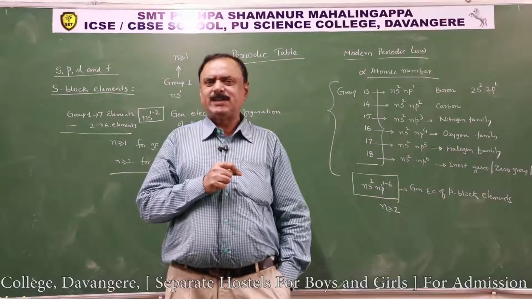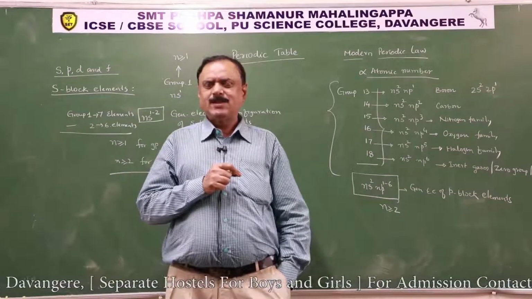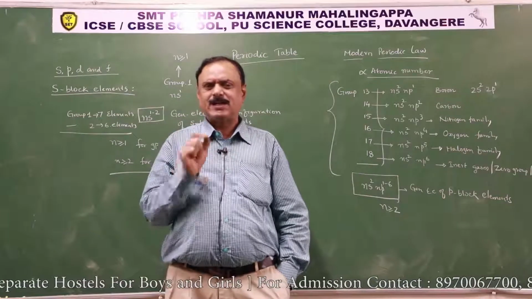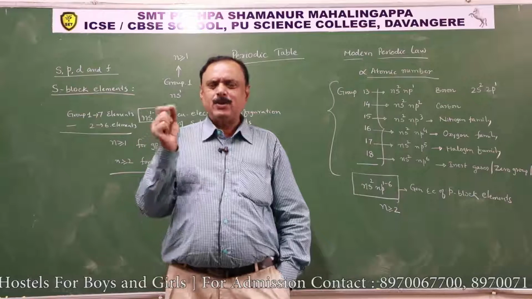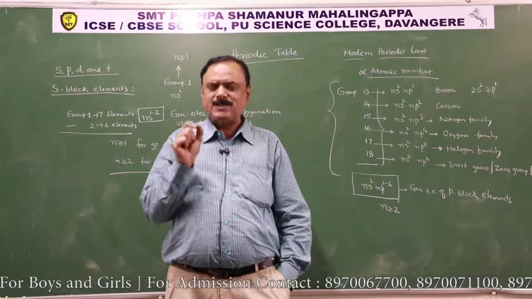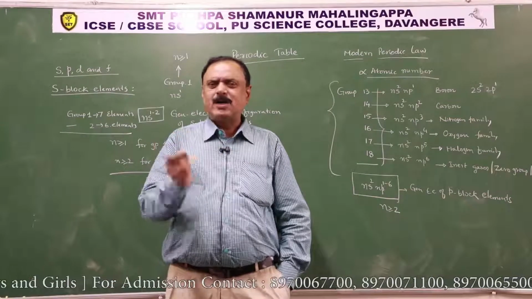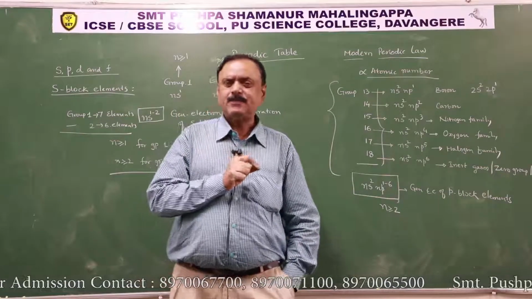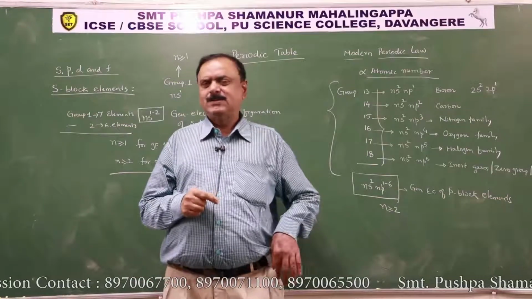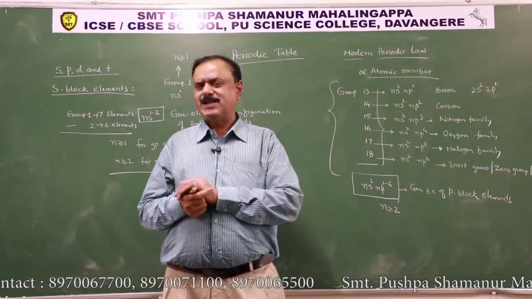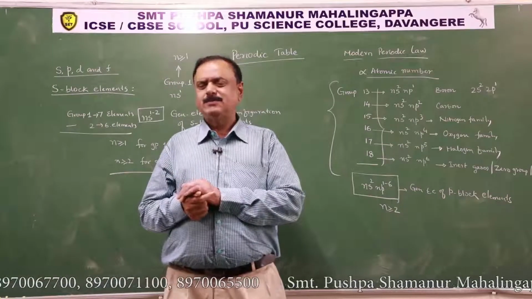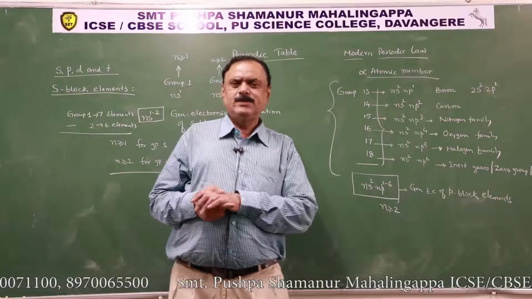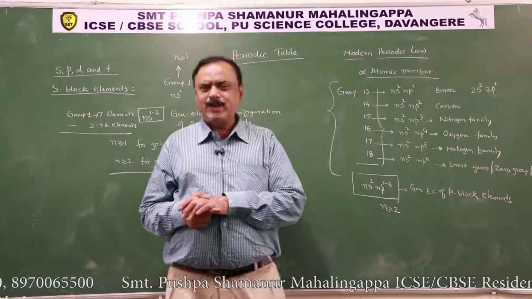You are very familiar with the non-metals. Usually non-metals are either gaseous at lab temperature, or liquids with low boiling point at lab temperature, or solids with low melting point at lab temperature. For example, just to see the physical state of fluorine and chlorine: gases at lab temperature. Bromine: liquid at lab temperature.